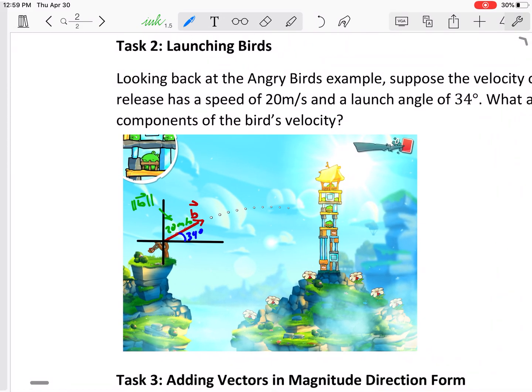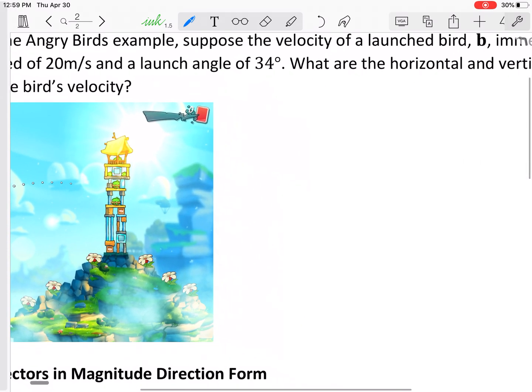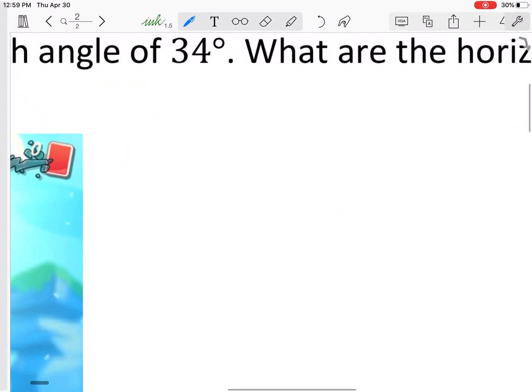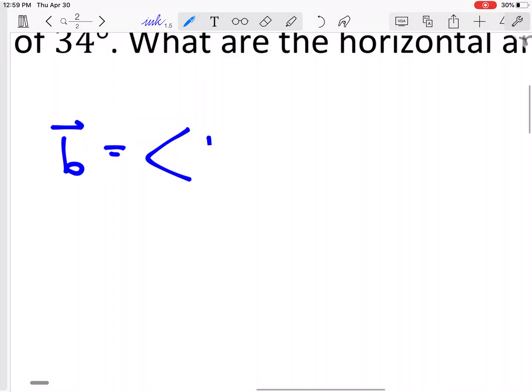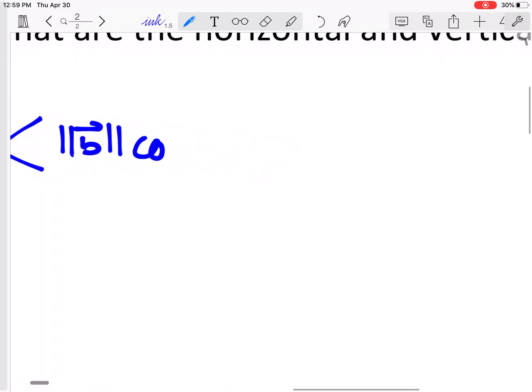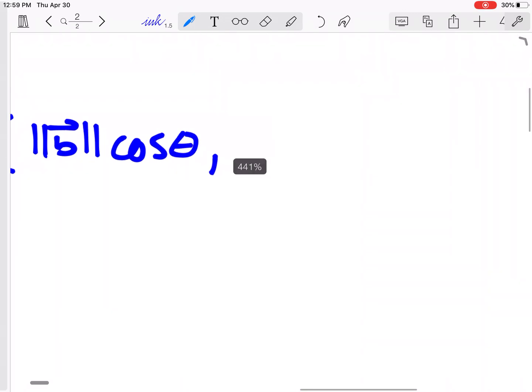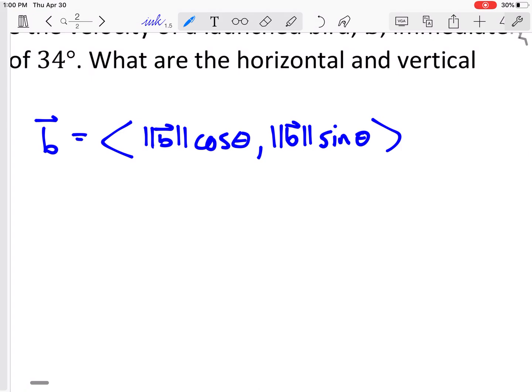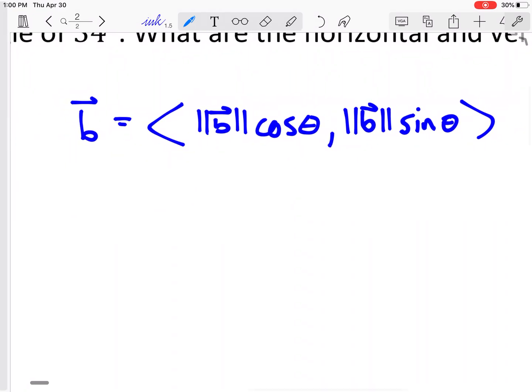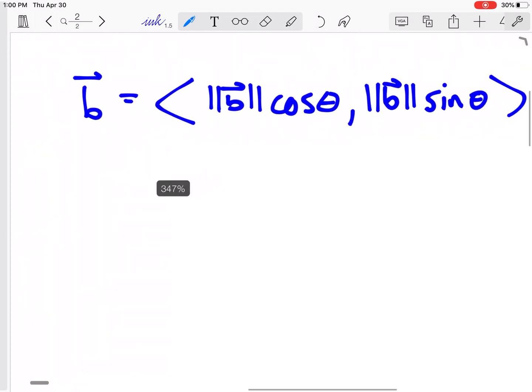And from there, we can just find our components. We now know in general that the components will be equal to the magnitude of b times cosine theta for our horizontal component, and the magnitude of b times sine theta for our vertical component. So let's quickly figure this out.